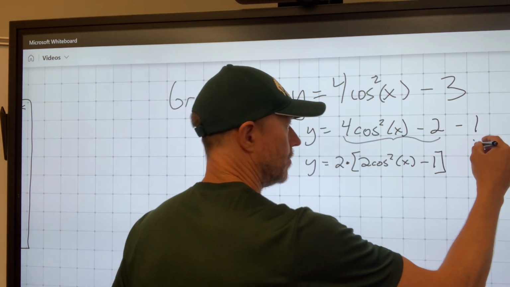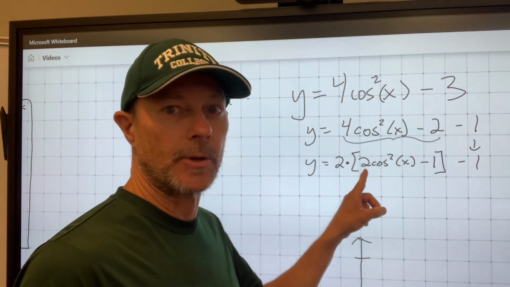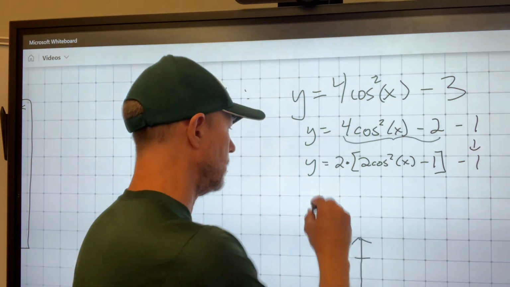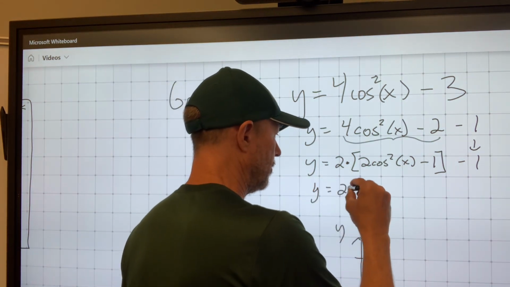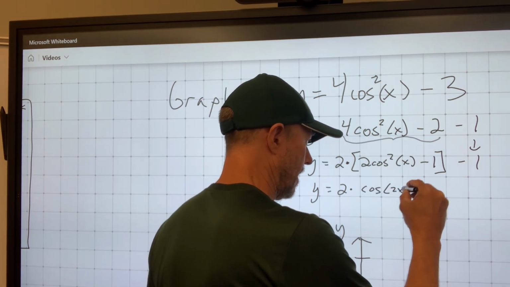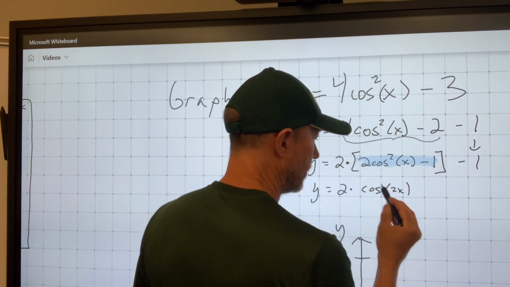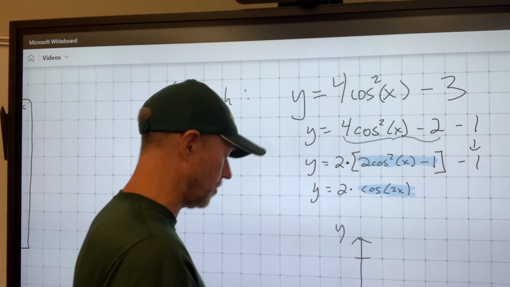Now I still have this 1, okay? But in here we have a double angle for cosine. So we have 2 times cos of 2x, because this expression here is equivalent to this by the double angle.